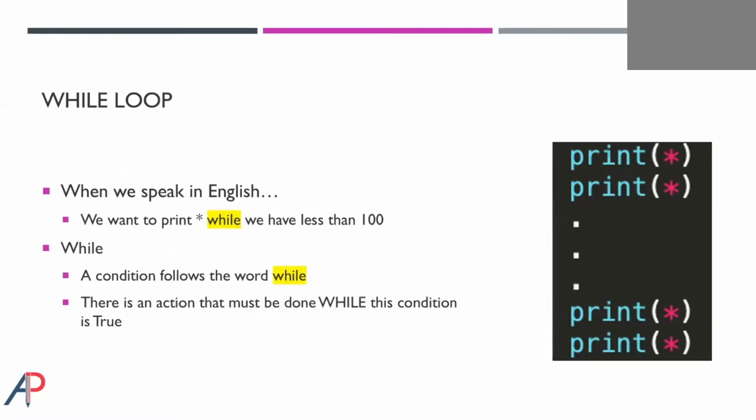When you think about a loop, think of it as if you're talking to someone in English and giving them instructions. Instead of saying print the asterisk 100 times, to convert it into a more code-logical way of thinking, you want to say print the asterisk while we have less than 100 asterisks printed.